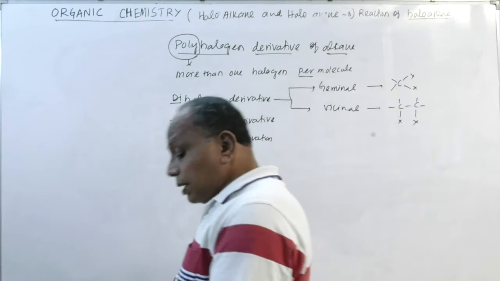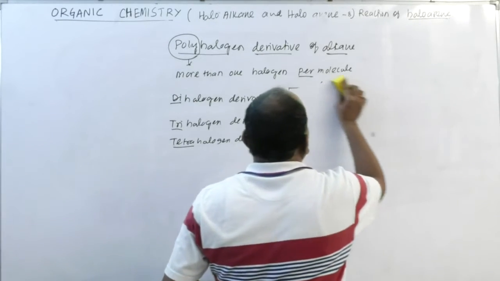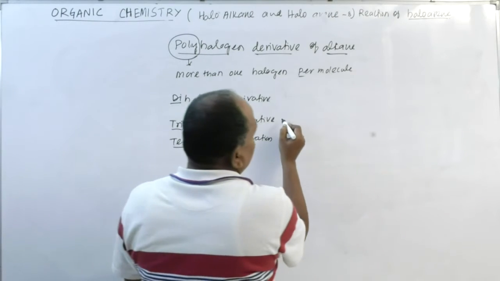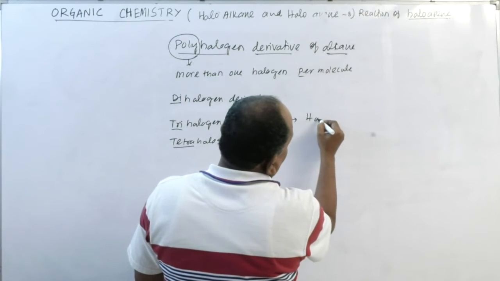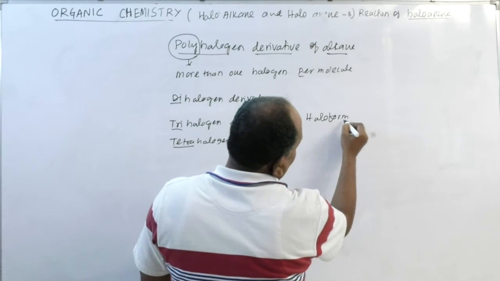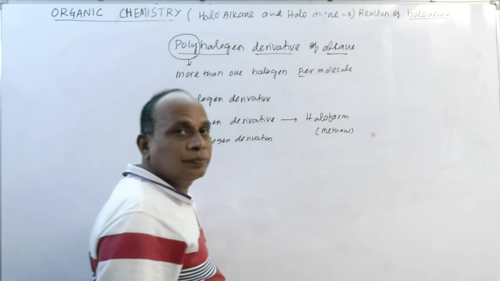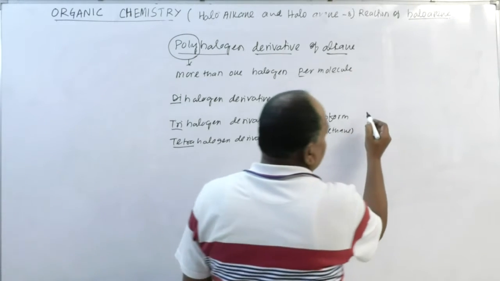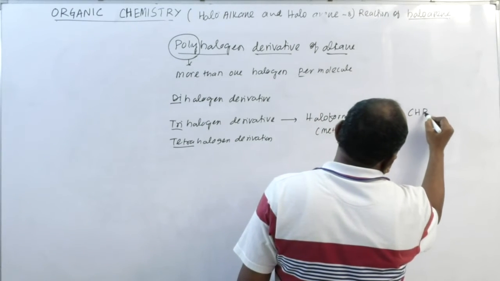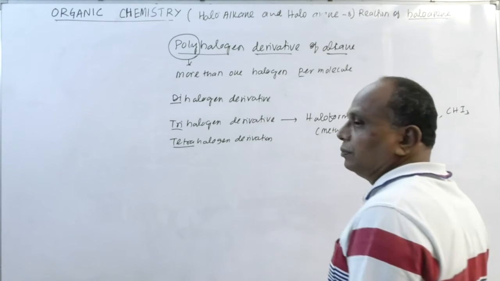Okay. Similarly, the trihalogen derivative means 3 halogen atoms per molecule, and in the case of methane, this is called haloform. Haloform means, suppose, CHCl3, CHBr3, CHI3.